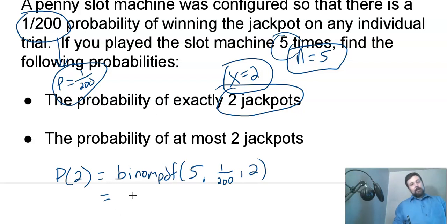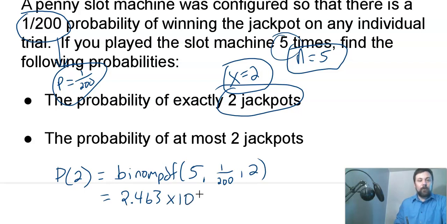And pretty unlikely that you hit the jackpot twice in the 5 times that you play. Same kind of answer we just got on that last problem, actually. 2.463, which rounds up to 2.5, times 10 to the negative 4 this time, right?